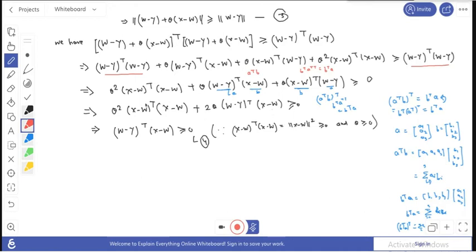This is also greater or equal to 0, and theta square is also greater or equal to 0, and theta is also greater or equal to 0. That's why this term is also positive. The sum of two terms is positive, so this term is also greater or equal to 0.